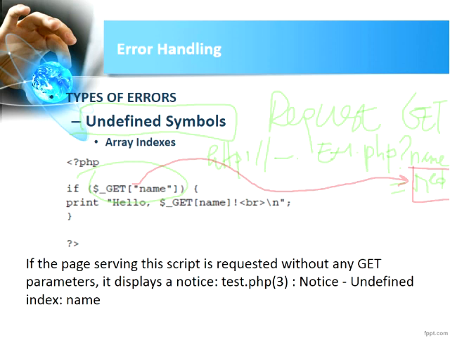Okay, yes. So if the page serving the script is requested without any GET parameters, so if we have no parameters in our request, in this case, this code will display an error, undefined index name. So we cannot find the index name in the GET.